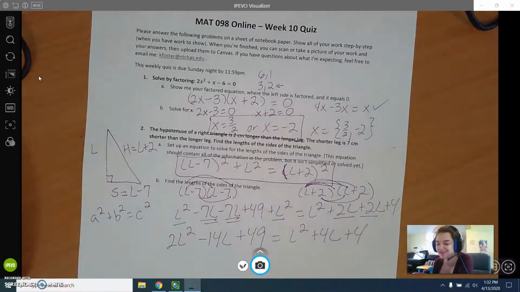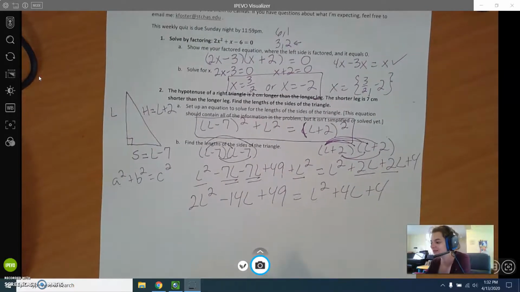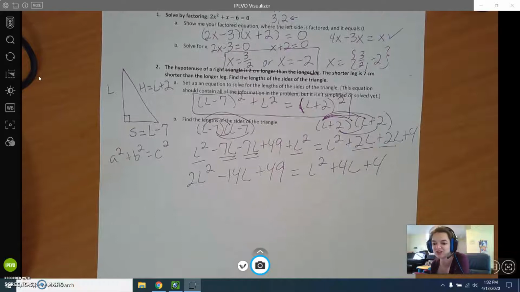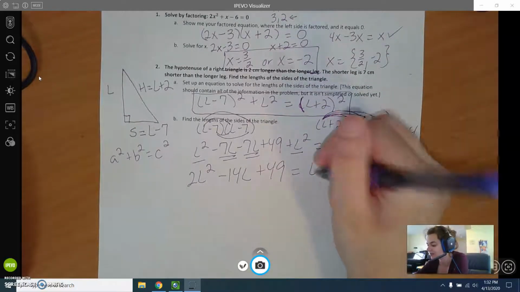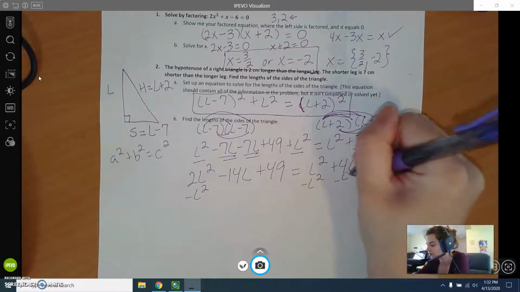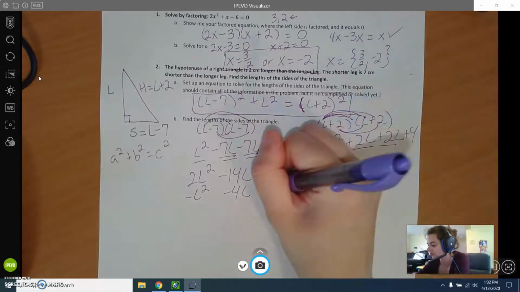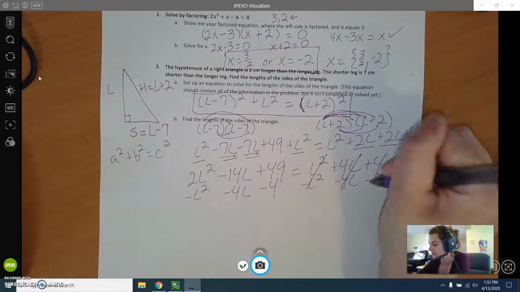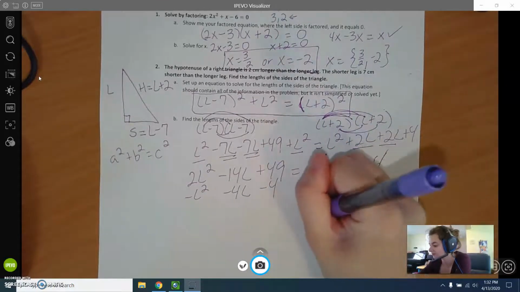Alright, now that everything's all multiplied out and simpler than it was before, let's get everything on the same side so that we're in standard form. I need to get everything on one side, so I will subtract L squared from both sides. I will subtract 4L from both sides, and I will subtract 4 from both sides. Because that cancels everything on the right side, we'll have it equal to 0.